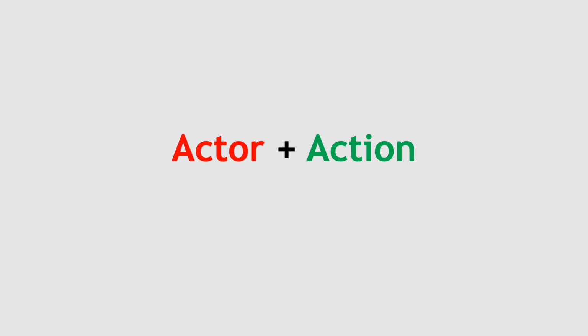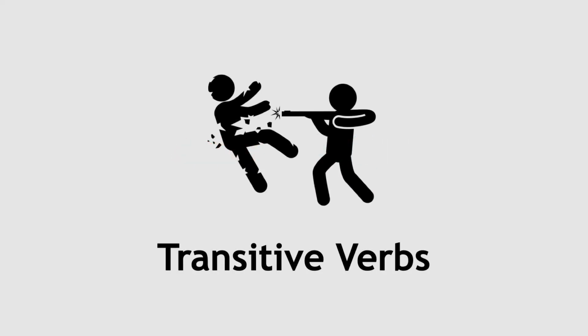If we translate this into something more dynamic, reflecting the meaning of a sentence, we would say the verb would represent some kind of an action, and the subject here would be referred to as an actor or a doer. And just a reminder for you that only transitive verbs can be used to form passive sentences.